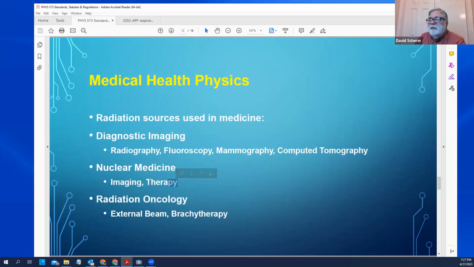In addition, in nuclear medicine, there is work that's done with radiation therapy. Sometimes we can treat disease by delivering a large radiation dose. For some cases, that may be about ingesting or injecting radioactive material into the patient.